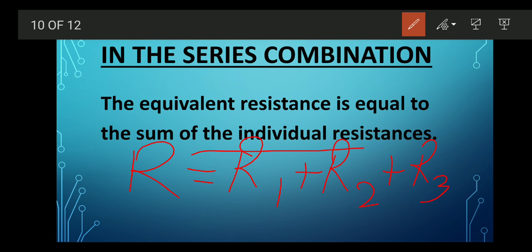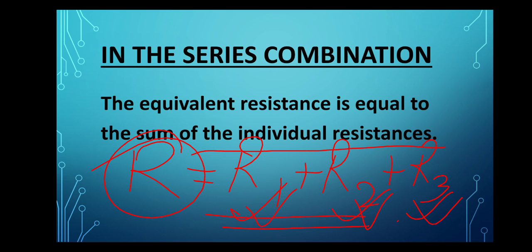So, suppose children, we know the value of the three resistors and we have to find the equivalent resistance, what we will do? We will just add the three resistors and we will get the equivalent resistance of the series combination of the circuit.